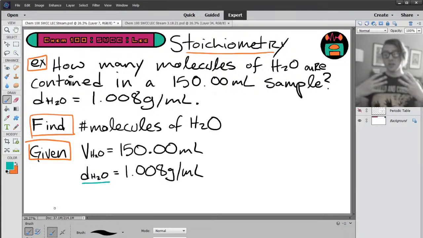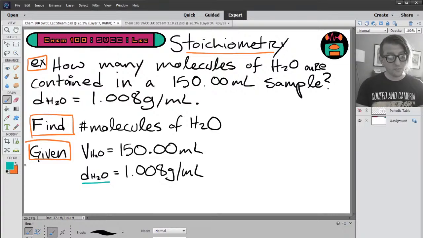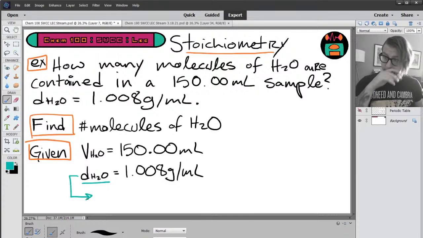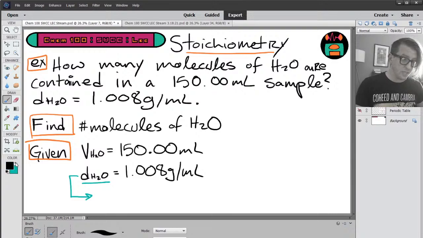Density has an equation, an algebraic expression associated with it. And whenever you're given a quantity that is part of a bigger equation, you want to write that equation down under your given information. The equation for density is something that you'll want to have on your exam sheet, or you can memorize it, but I recommend putting it on your exam sheet.